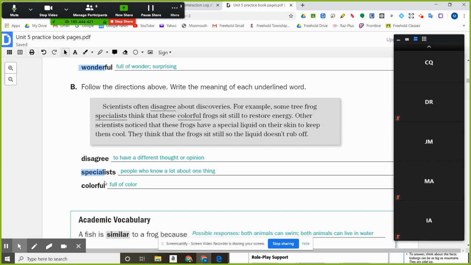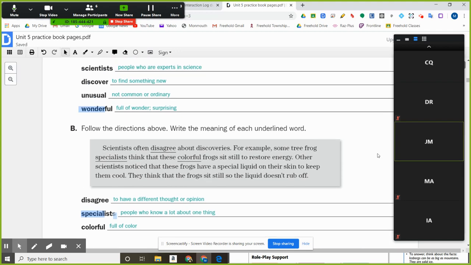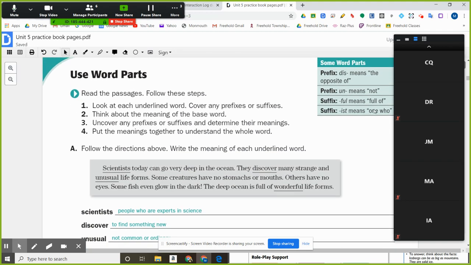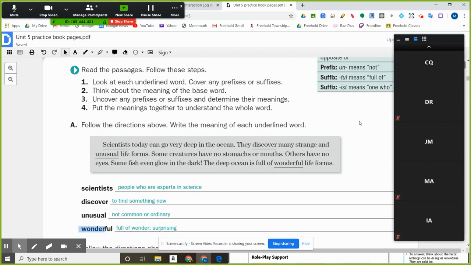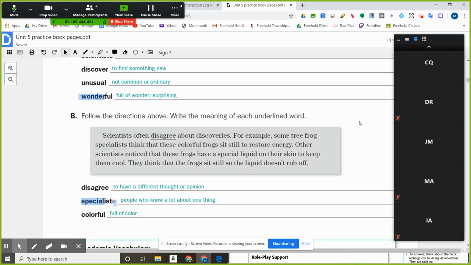What's the other one? What's the only letter left? Yeah, that's one. All right. So ist is the first one, and then what's the letter that's left? Yes. So with specialists, there's two suffixes. Ist means one who. So specialist is someone who is special, who specializes in something, right?